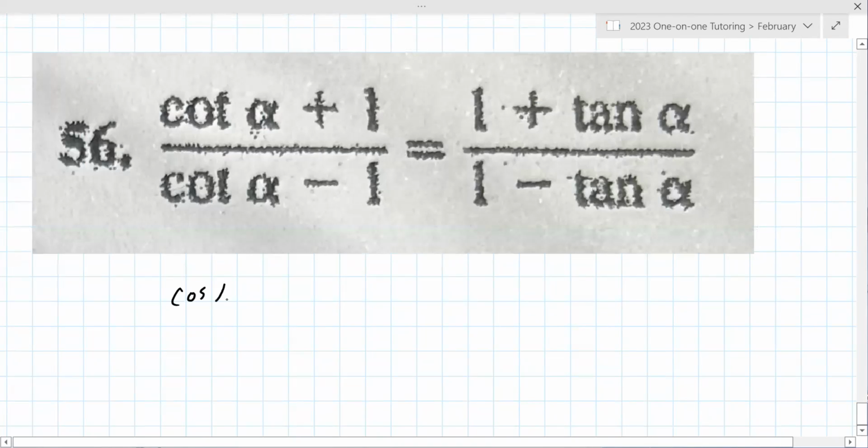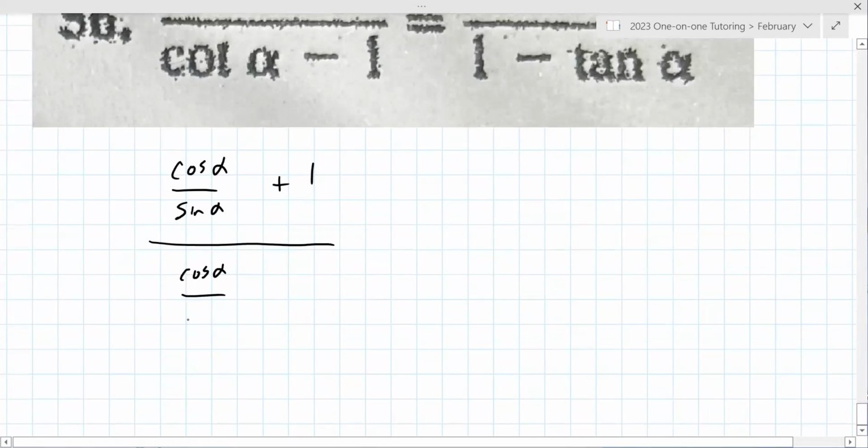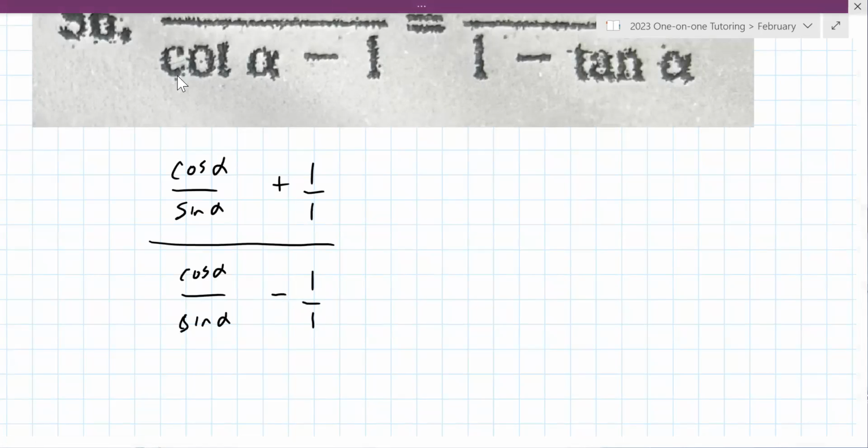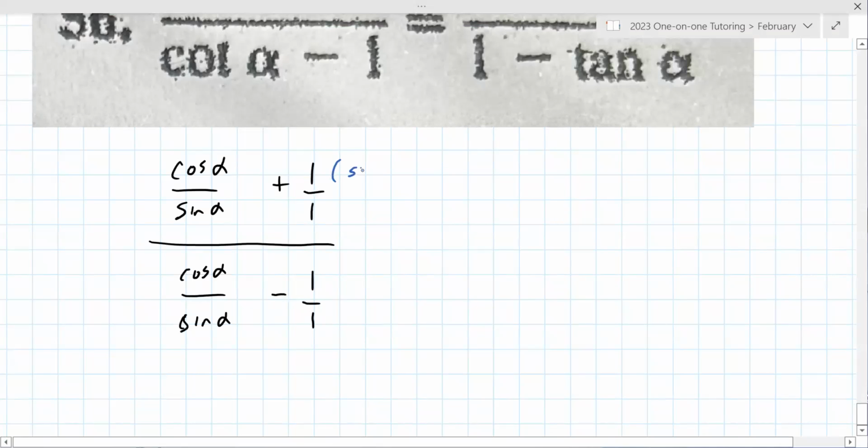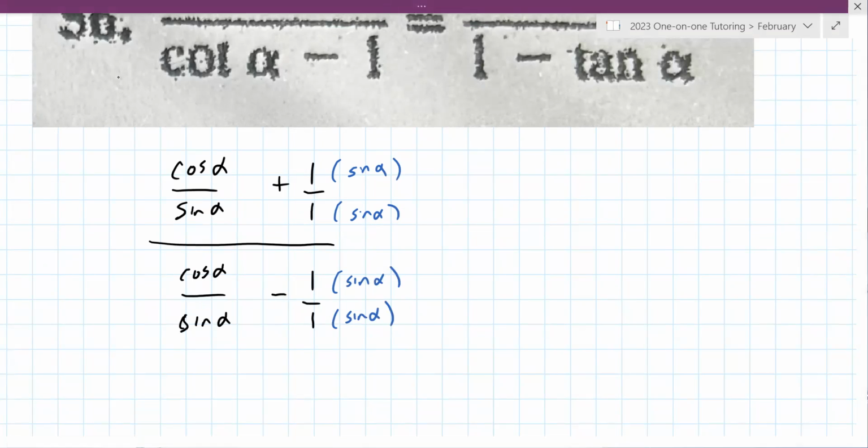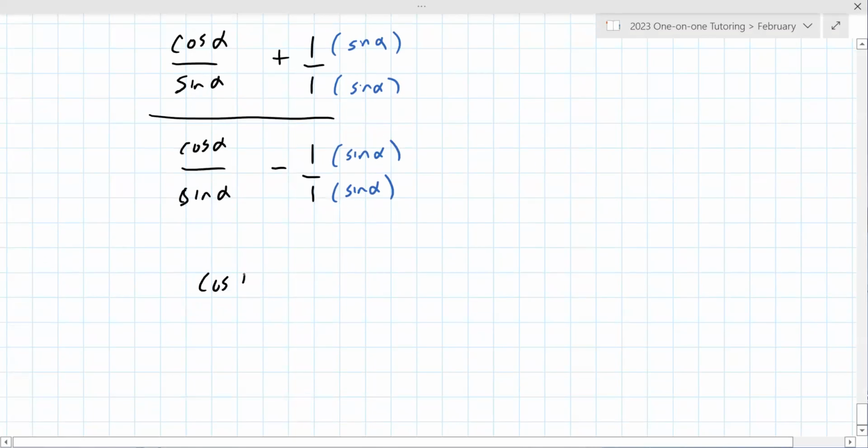So cosine alpha over sine alpha plus 1, cosine alpha over sine alpha minus 1. And we're going to make a common denominator here. So sine alpha, sine alpha, sine alpha, sine alpha, like that. So the top becomes cosine alpha plus sine alpha over sine alpha.